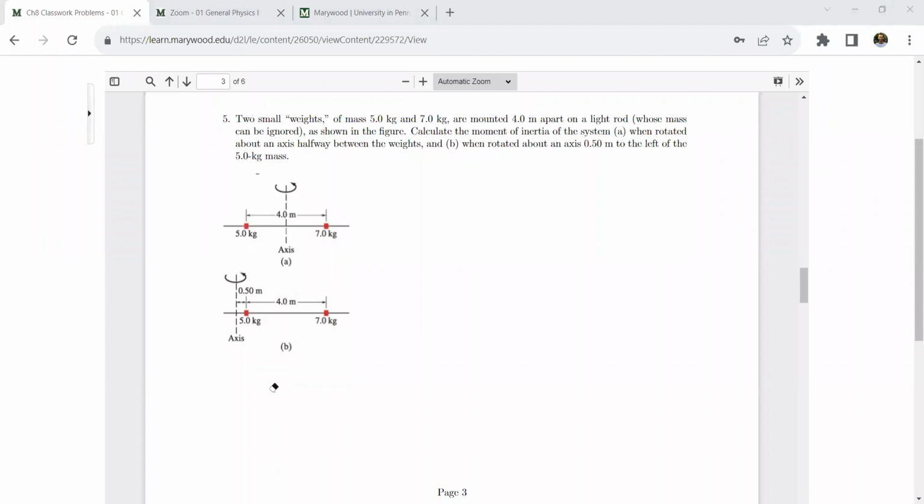All right, so this is the problem about the moment of inertia. Okay, so remember that moment of inertia for a single particle was mr square. If we have more than one particle, for example, here we have two objects, so it will be m1r1 square plus m2r2 square.